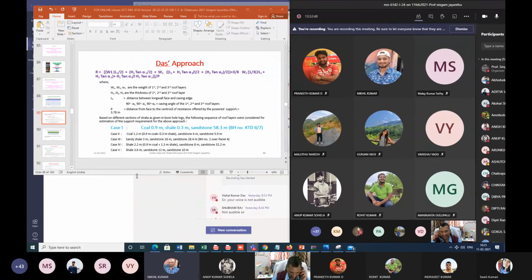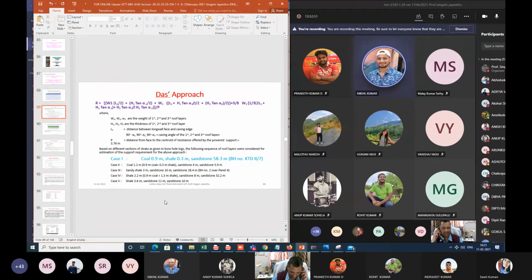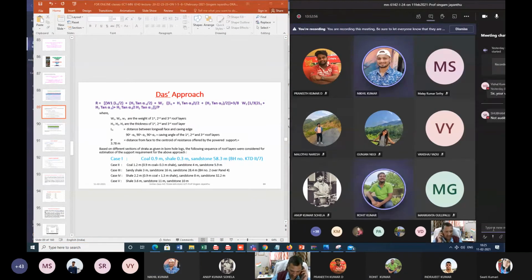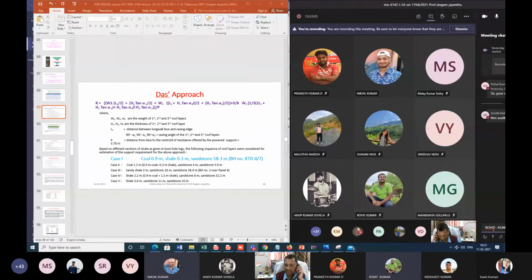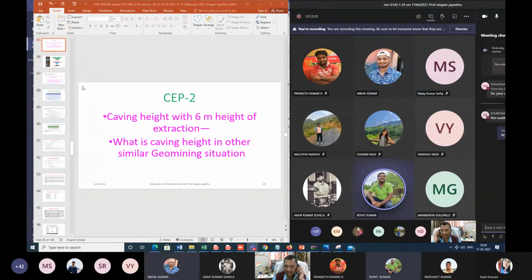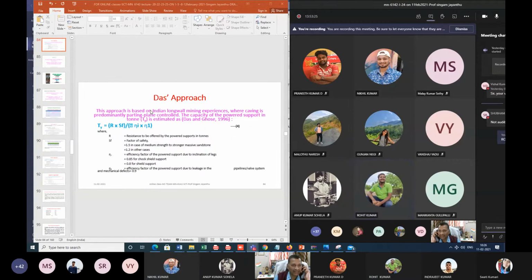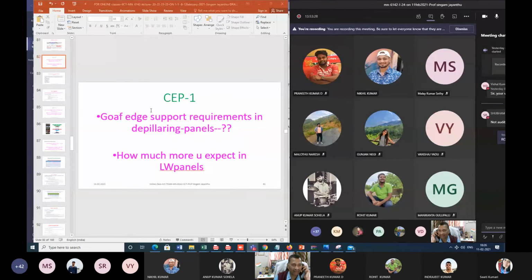Rohit Kumar has answered, sir. Rohit, answer the question. Sir, CP2 answer is when we take bulking factor 1.06, the answer we get is 100 meters. Anybody interested to answer CP1?